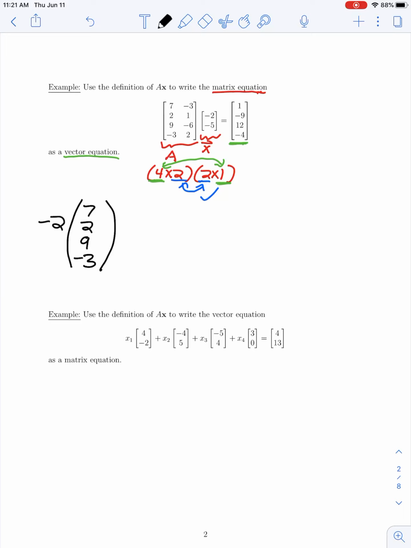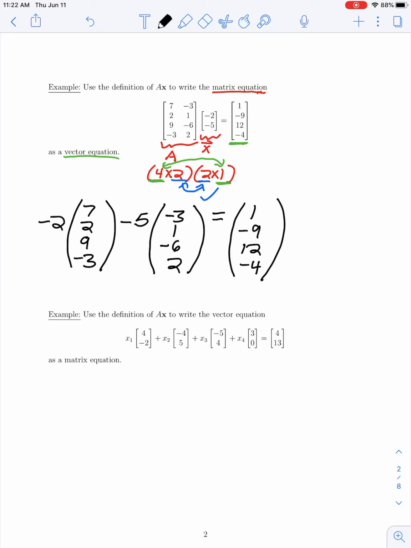And then we add the second element of x, which is -5, times the second column of our matrix A, which is -3, 1, -6, 2. And this is equal to the vector on our right-hand side, which is 1, -9, 12, -4.